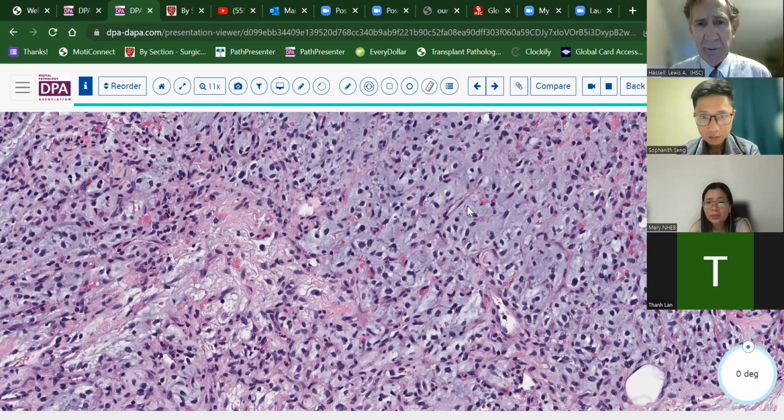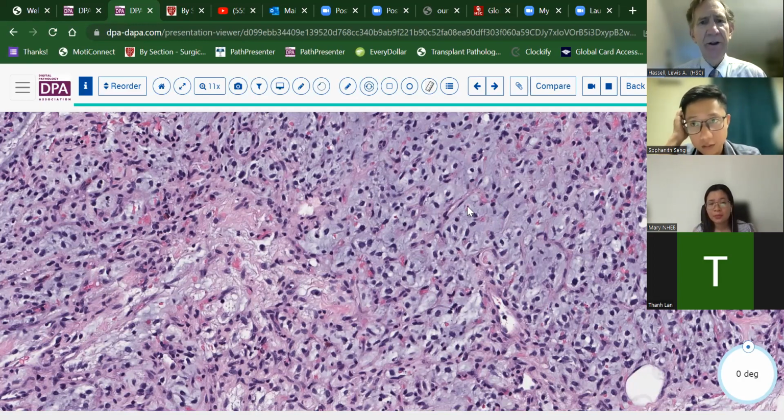Again, sometimes on a needle biopsy, you may not be able to get to the specific diagnosis, but you can certainly give them the diagnosis of high-grade sarcoma with myxoid features, and that would include myxofibrosarcoma, myxoid liposarcoma, things of that sort, that would all be treated fairly similarly in that initial situation.